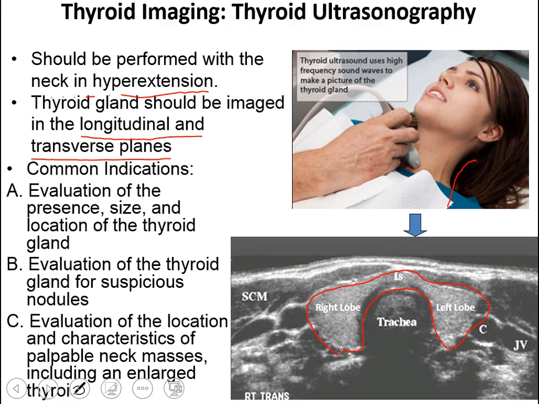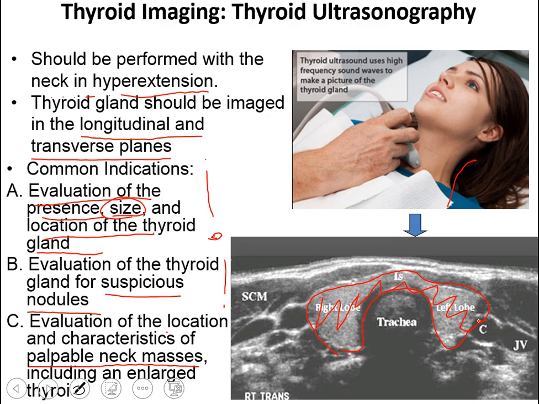Among indications for ultrasonography, the most important to consider are evaluation of the presence, size, and location of thyroid gland, evaluation of thyroid gland for presence of suspicious nodules, evaluation of the locations and characteristics of palpable neck masses, including enlarged thyroid. This technique provides pretty good outlook on the anatomical structure of the gland, volume of the gland, surroundings of the gland.